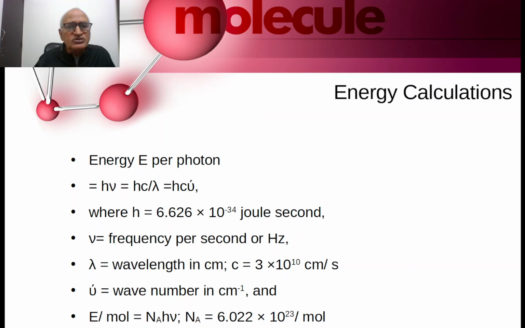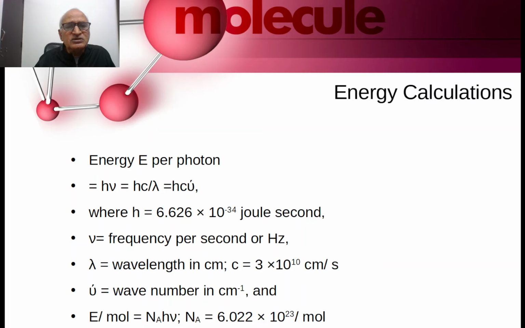Nu is frequency in the unit of per second or hertz or cycle per second. Then hc by lambda is also equal to h nu. Here lambda is wavelength in centimeter units and c is speed of light again in centimeter units, value 3 multiplied by 10 to the power 10 centimeter per second. If you want to be more accurate, value of c is 2.9979 into 10 to the power 10 centimeter per second.